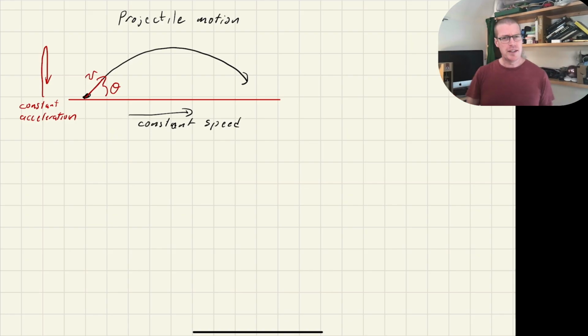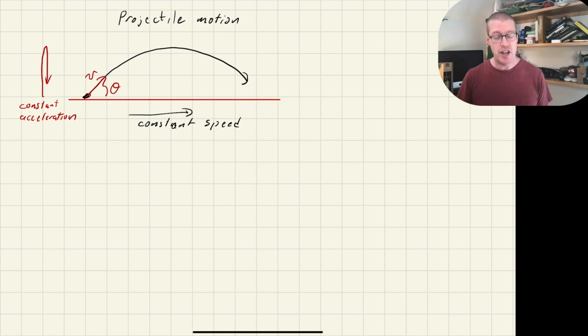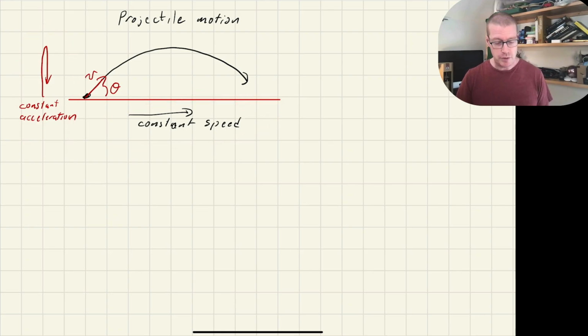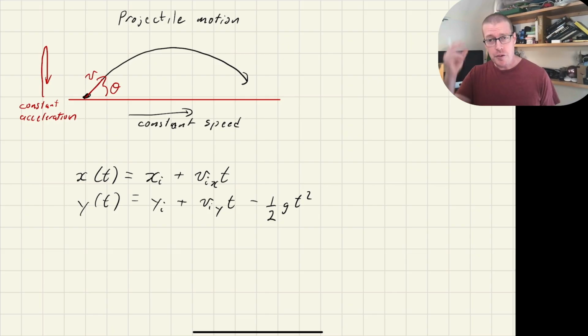So let's start with a classic problem here, which is just understanding what is the shape of this trajectory. And to understand that shape, we write down the equations of motion for the horizontal and vertical components. Now, when I write something like this, I always have to remember that I have some axes and some origins that are chosen.